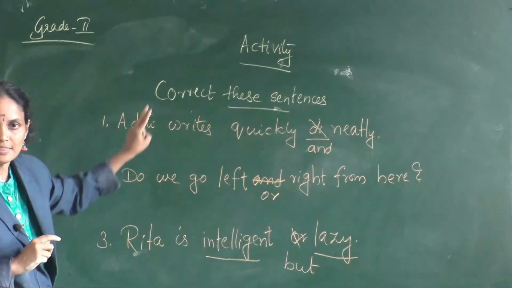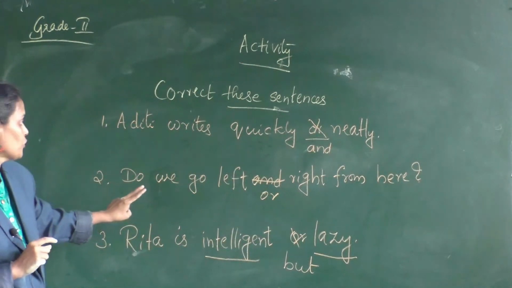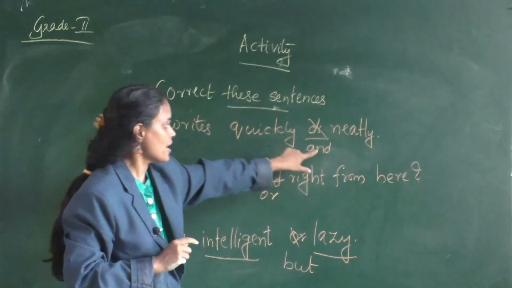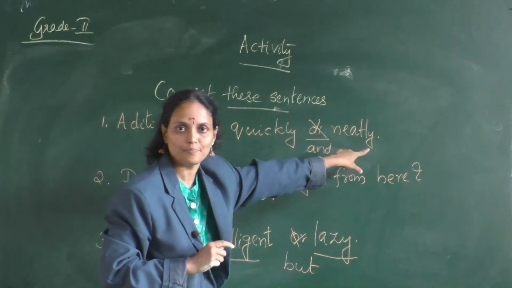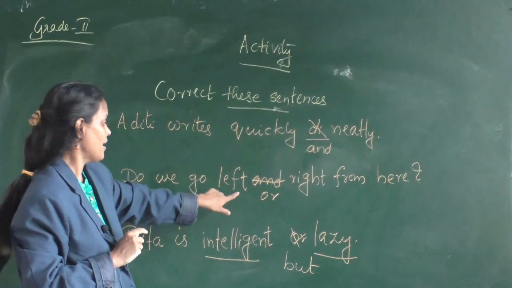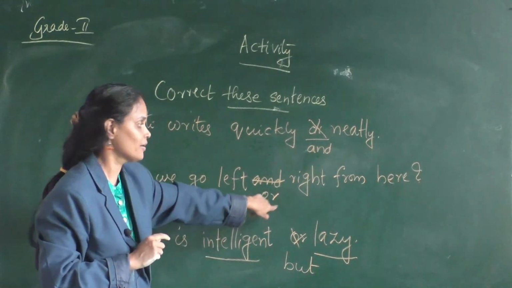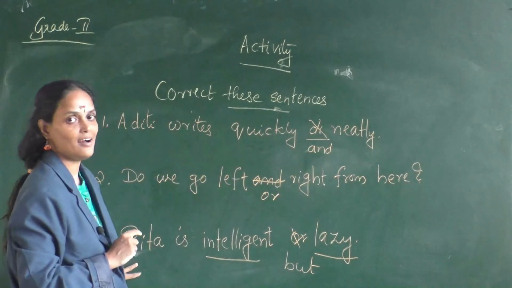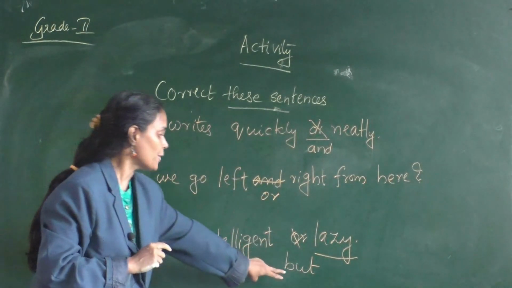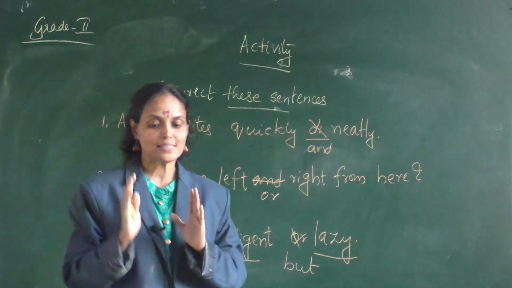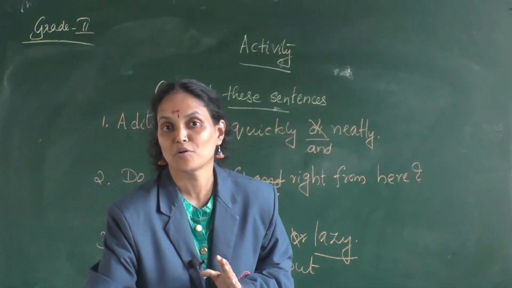Let me go through the answers one more time for you. Aditi writes quickly and neatly. Do we go left or right from here? Rita is intelligent but lazy. I hope this concept is clear to all of you.